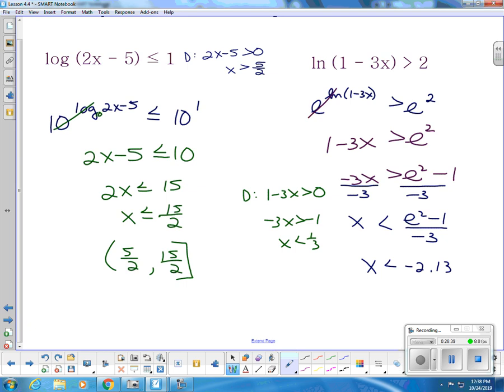So if x is less than 1/3 and our answer is less than -2.13, it's already less than 1/3, so it's already within the domain, so we're okay.